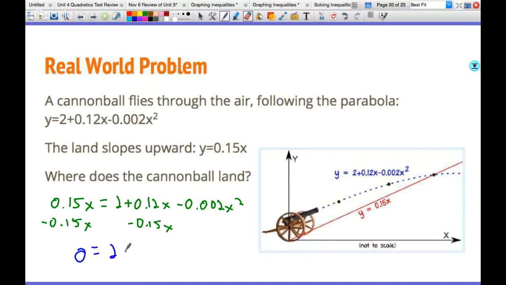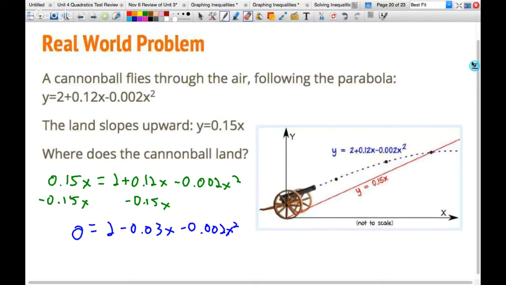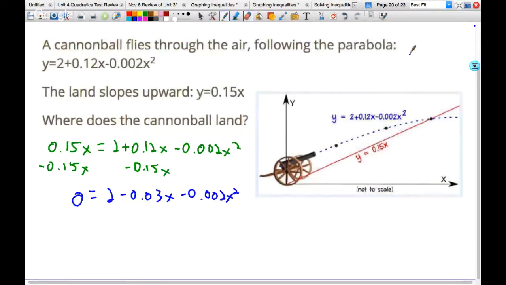It's 2. To figure out what I need to multiply to get my a value to be 1, I'm going to do 1 divided by negative 0.002 in my calculator. I get 500. I'm going to multiply everything by 500 to simplify this. So we get 0 equals 1,000.